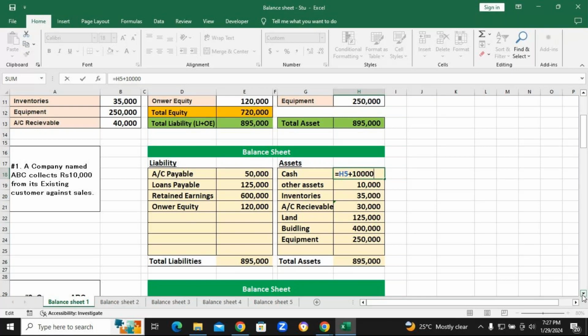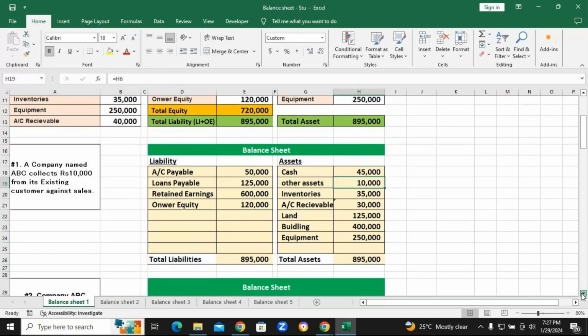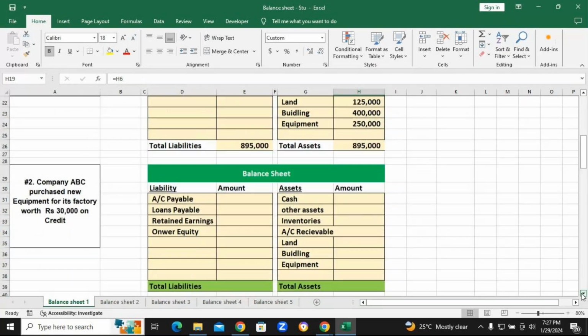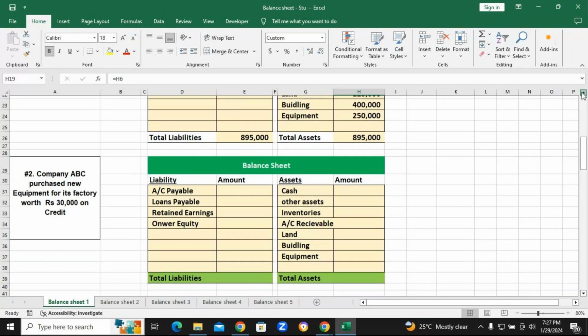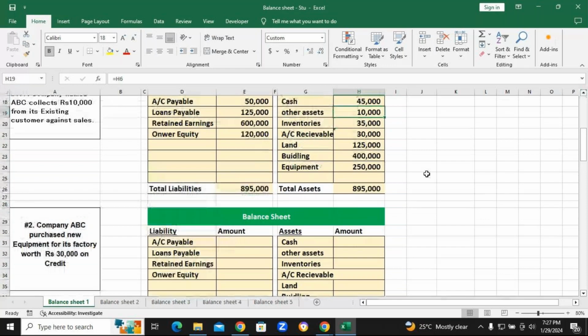I hope we can move to the next one. Company ABC purchased new equipment for its factory worth rupees 30,000 on credit. So here, we'll take the values. Cash is 45,000. Other assets 10,000.